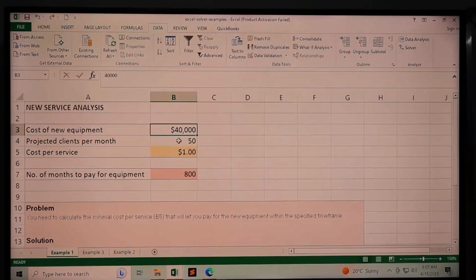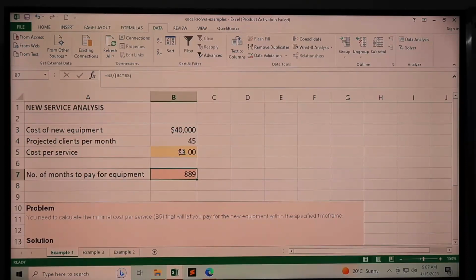We were given this amount, and the projected number of clients was given as 45. And the cost per service was given as 1%. The number of months to pay for the equipment was given as a formula. This was just a formula. So that is what was provided.